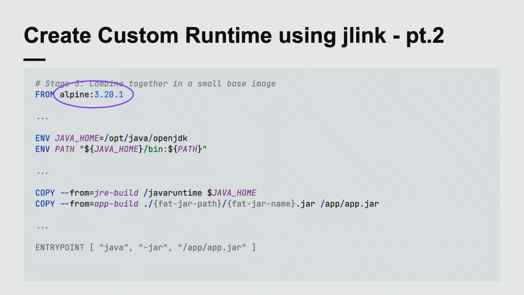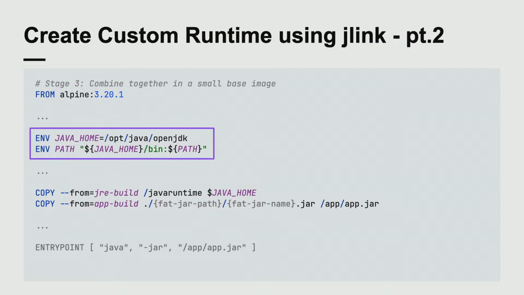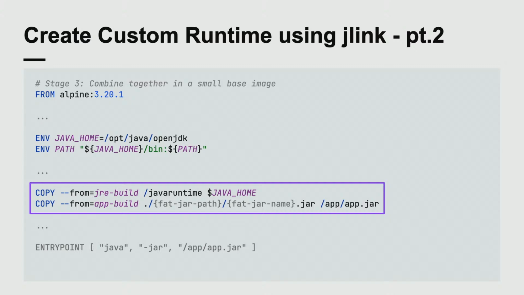And in the third part of the Dockerfile, we can use a very small Linux distribution, Alpine, as a base image. Then we can set up the Java environment and also your environment variables inside your Docker image. Then we can copy the fat jar from our first stage and copy the custom Java runtime from the second stage.